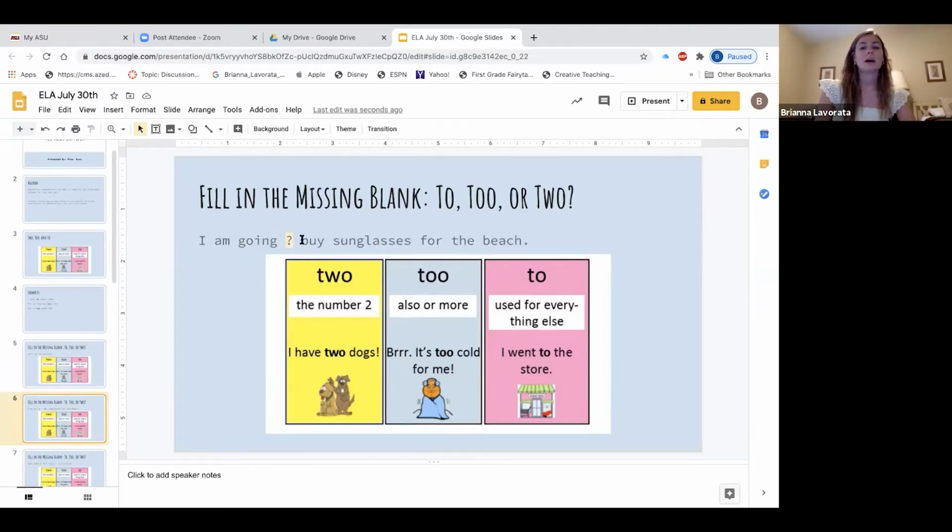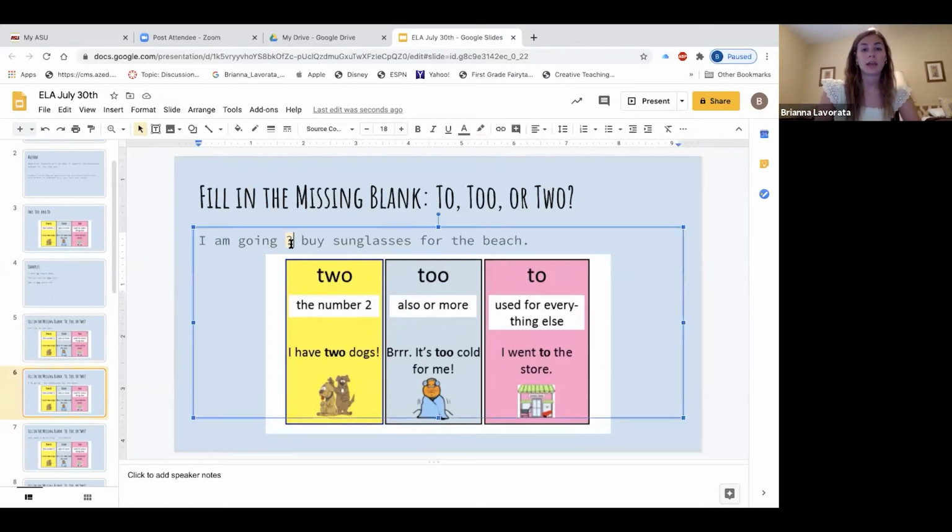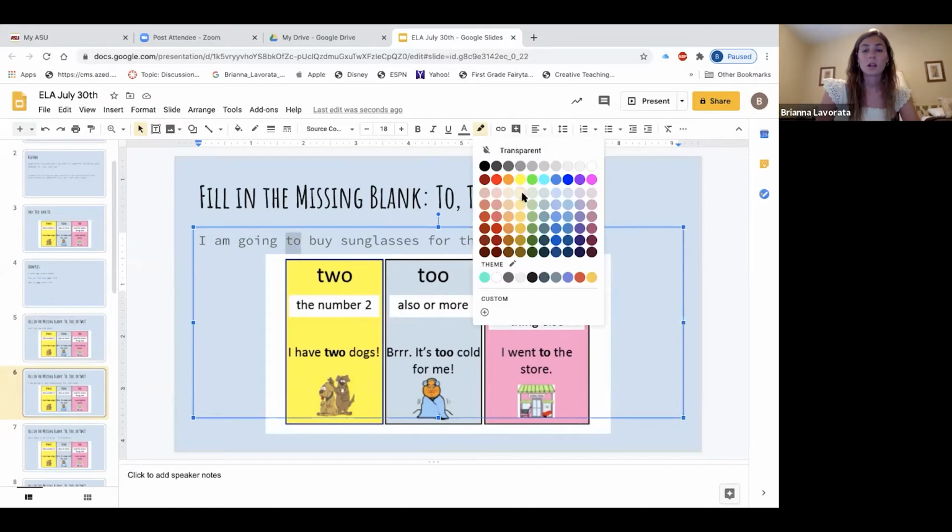I am going to buy sunglasses to the beach. Okay, for this given example, we are going to use not the number T-W-O, not T-O-O, because we are not showing more of something. We are going to use the basic T-O, okay? We only use this when we are showing everything else, okay?